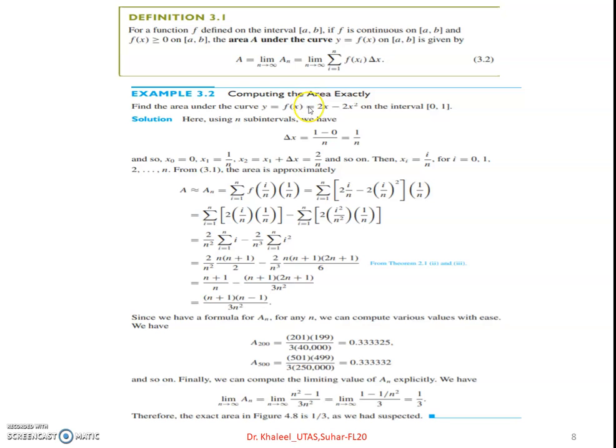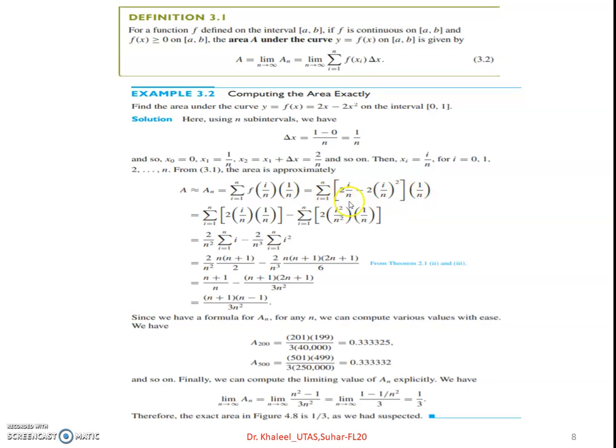So from section 3.1, using that formula here, A equal to An, so f of i by n times 1 upon n, and then f of i by n is 2 times i by n minus 2 times (i by n) squared, then we have 1 by n.